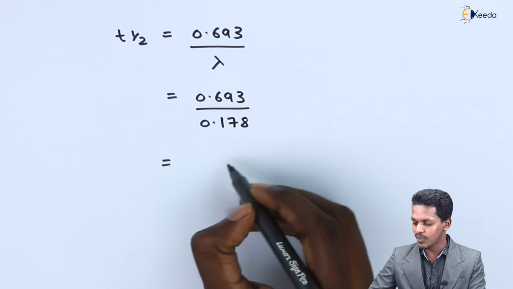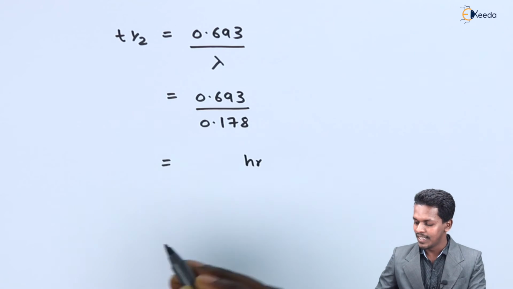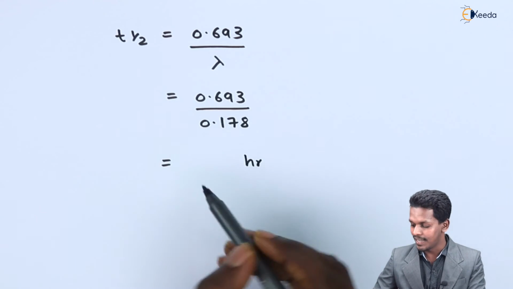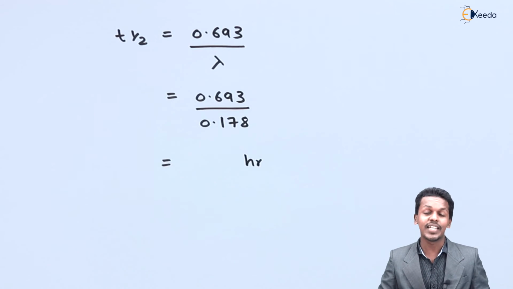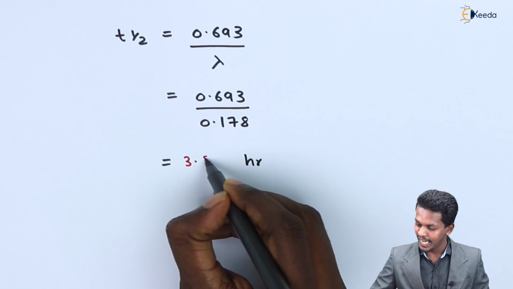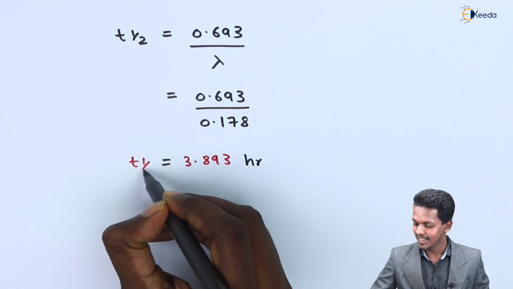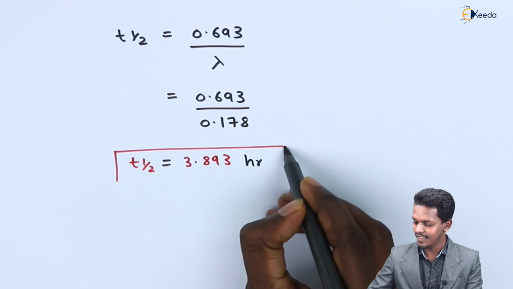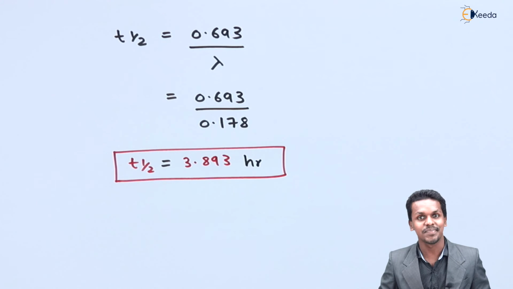In that case, the unit of the half-life period will be hour. So now let us calculate this and see what value of the half-life we get. The value that we have got over here is 893 hours. So this is the half-life period that we have calculated, and that's it.